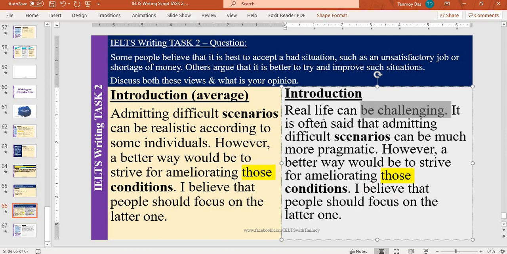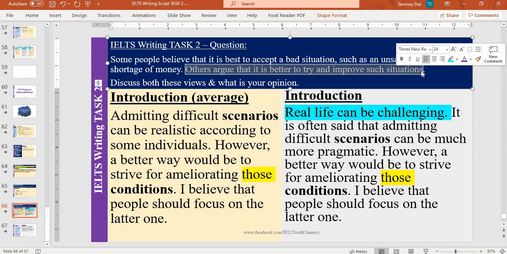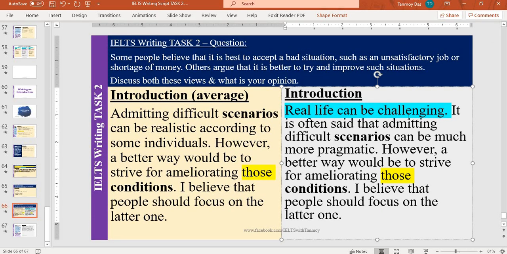This is a general statement. General statement should be something that both sides agree. So, this party will agree that life is difficult. The second party also agrees that life is difficult, right? So I'm saying real life can be challenging.